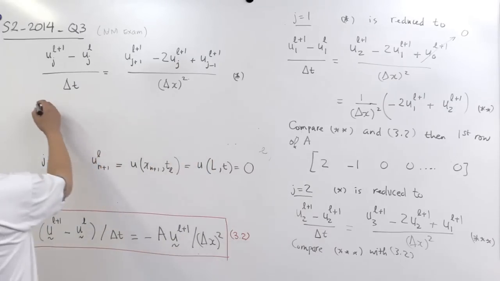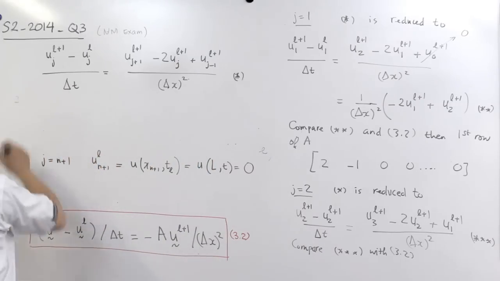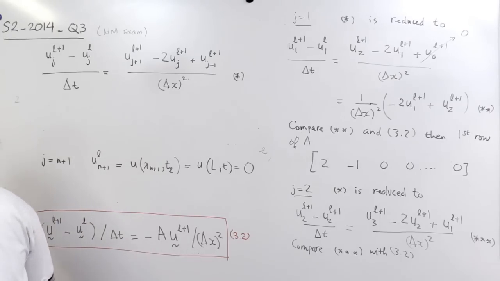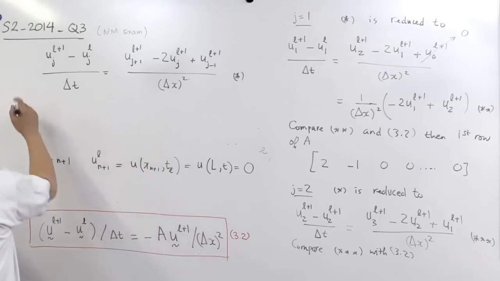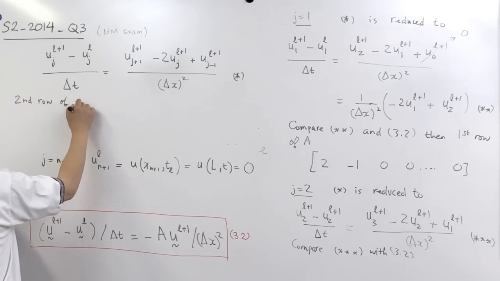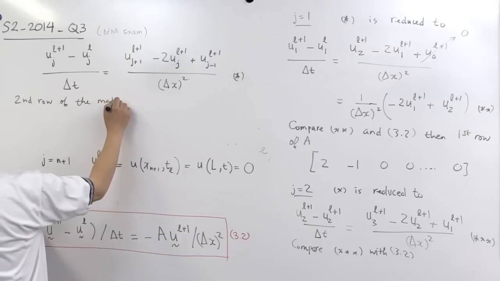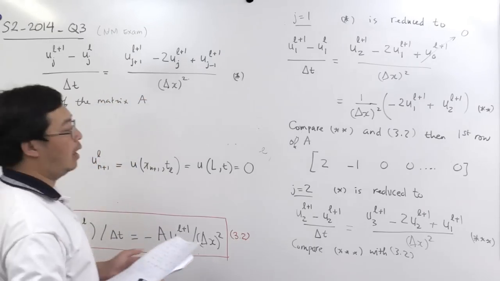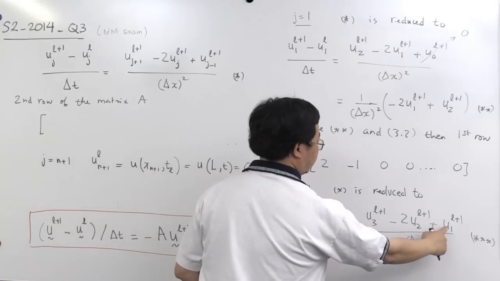So then the second row of the matrix A is, you just look at this one.